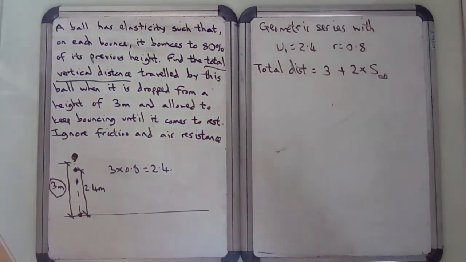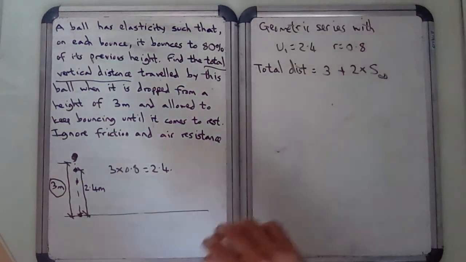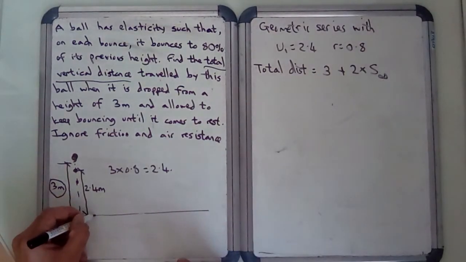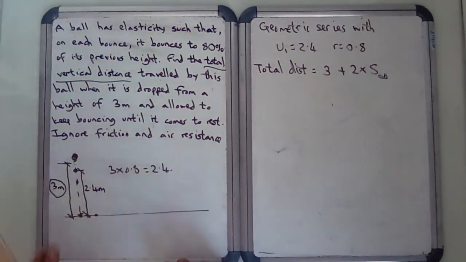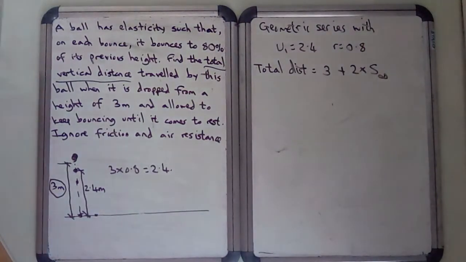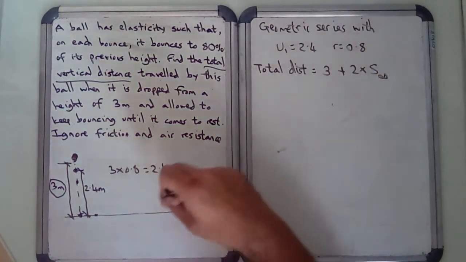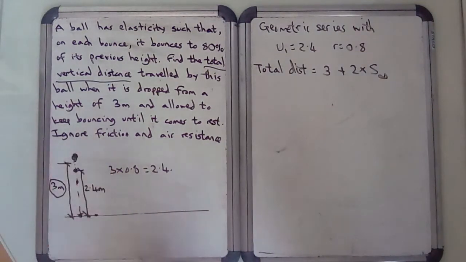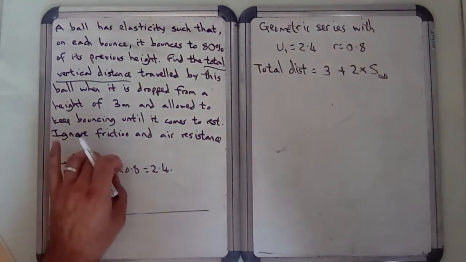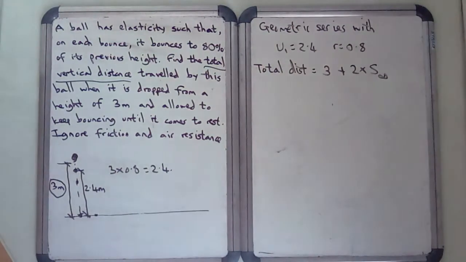If you could really zoom in on it, you'll see tiny little bounces that you can't even see, but they do make a tiny difference to the sum. So it's 2 times the sum to infinity, as I said, because every time it bounces up, it needs to go down again the same distance, then it goes up a different height, then it goes down again, then it goes up and it goes down again.